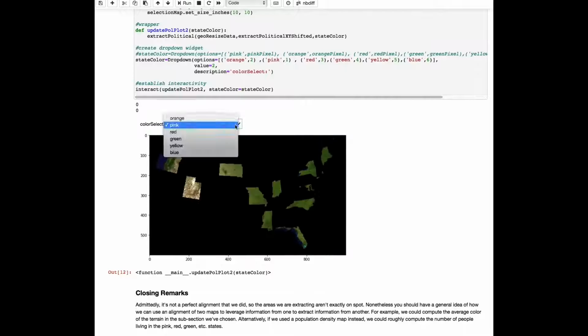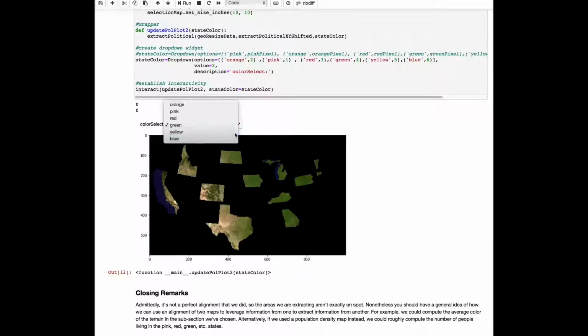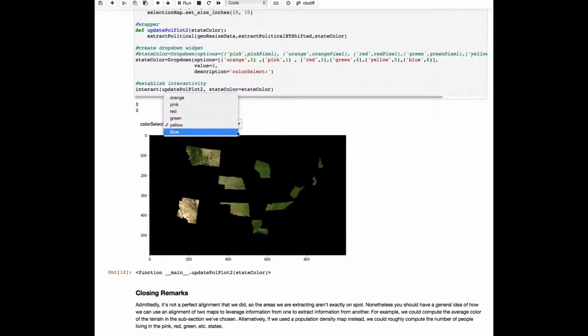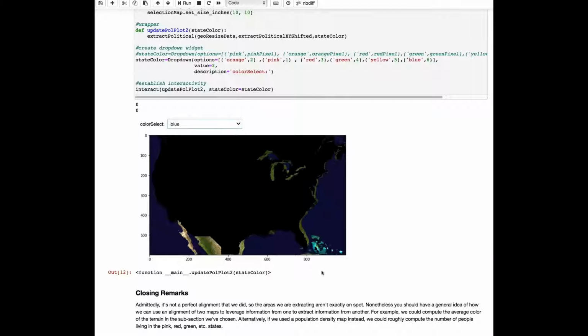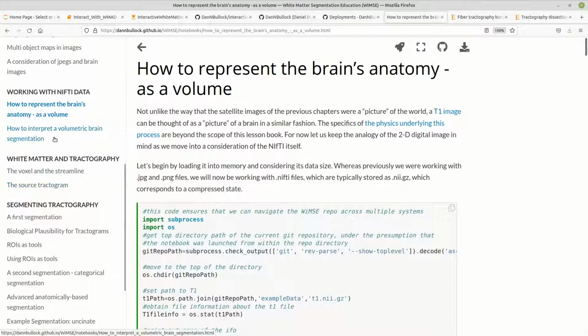However, by practicing these in a modality that users are likely to have encountered before, two-dimensional satellite images and maps, we build analogical intuitions that can be extended beyond this relatively familiar context. With this grounding in place, users can more confidently wade into the world of neuroimaging-derived data.